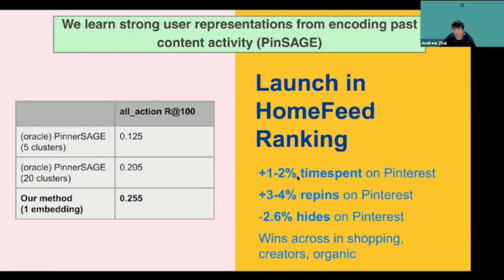About 1 to 2% increase on time spent on Pinterest, 3% increase on engagement, 3 to 4% increase on engagement on Pinterest, as well as a 2.6% reduction of hides on Pinterest, which indicates that we're showing content that a user likes more now. And this sort of lifted everything we cared about at Pinterest as well.